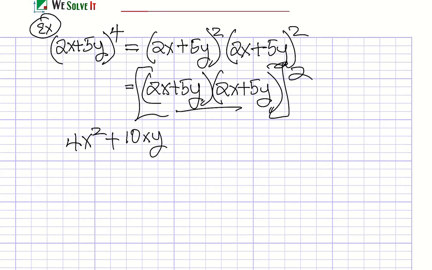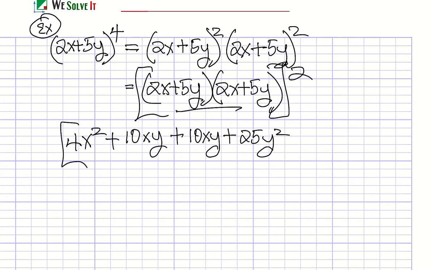And then you're done with 2. You start multiplying with 5. You say 5y times 2x, you get 10xy. And then you say 5y times 5y, you get 25y squared. You see that, right?